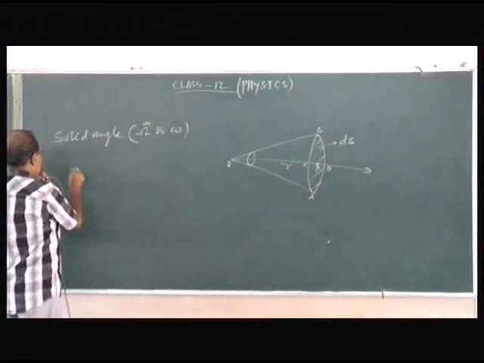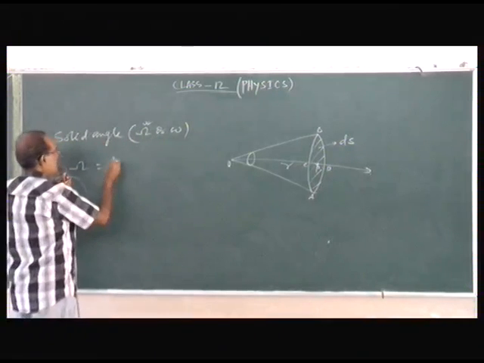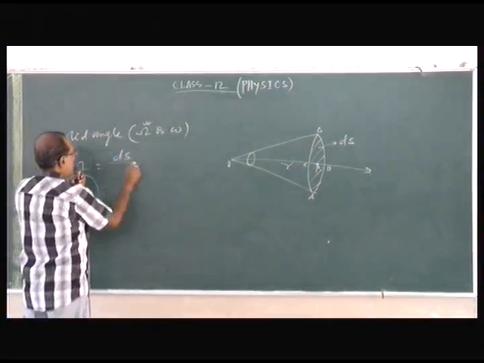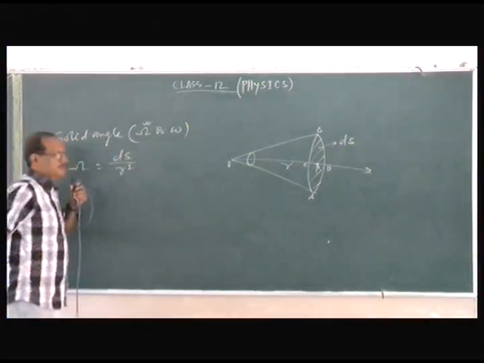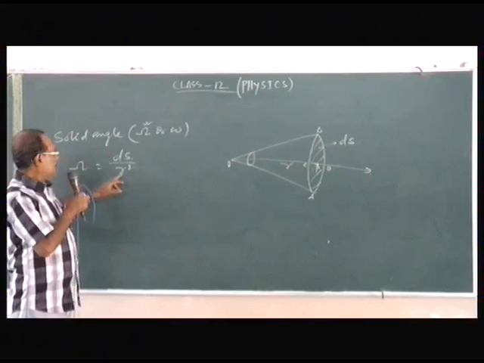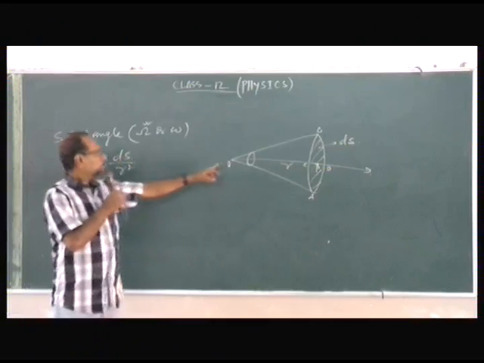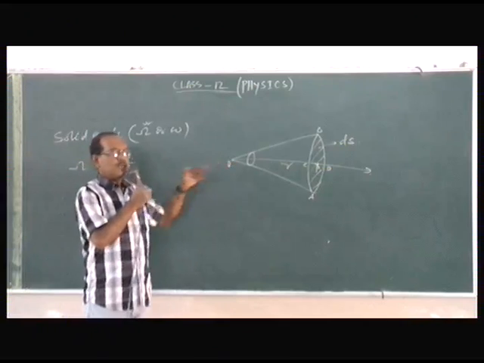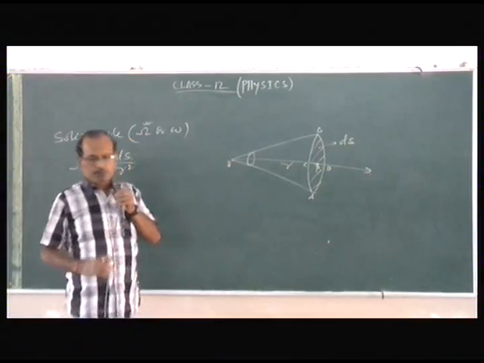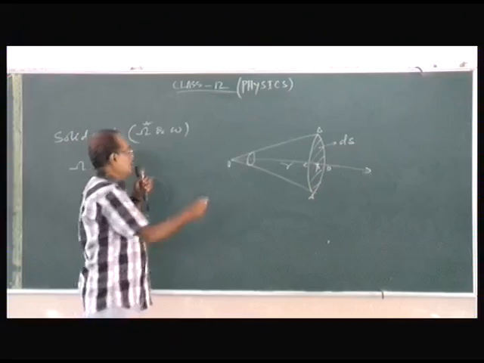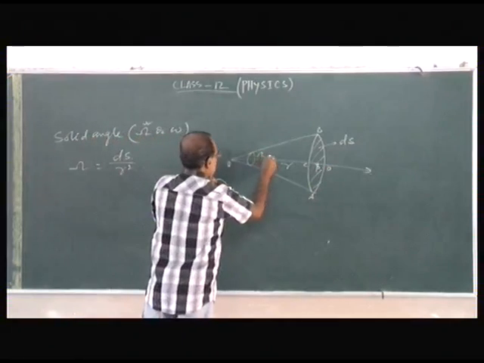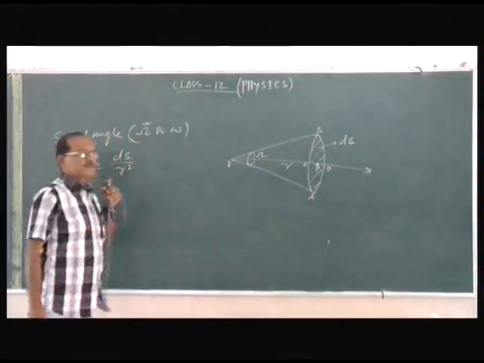Then solid angle is equal to ds by r square, where r is the distance of surface ds from the point where the solid angle is subtended, that is omega.